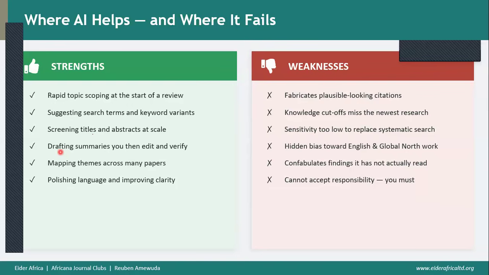That's the work of AI. Then, mapping themes across many papers. AI can map themes. Even today, one lecturer from the health sciences contacted me. She is into qualitative research. So she has to go to the field, collect data, transcribe it, and then analyze it thematically.